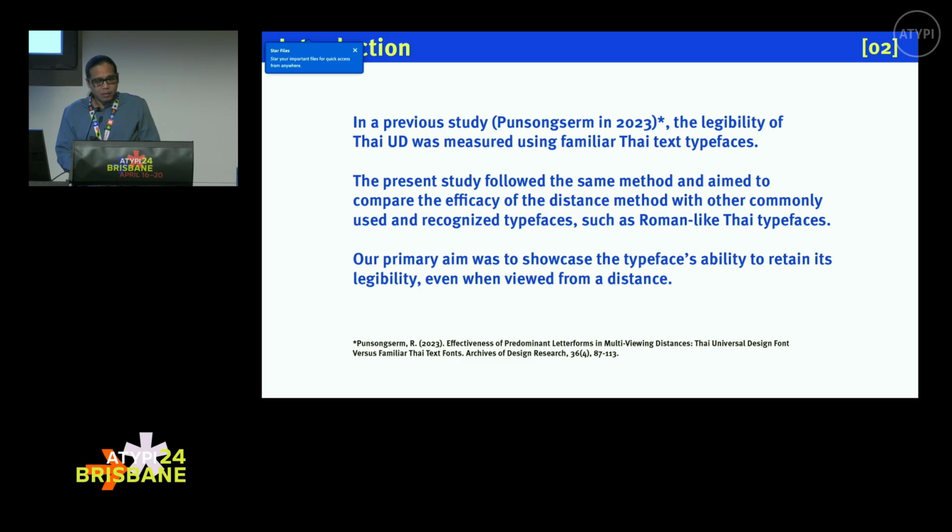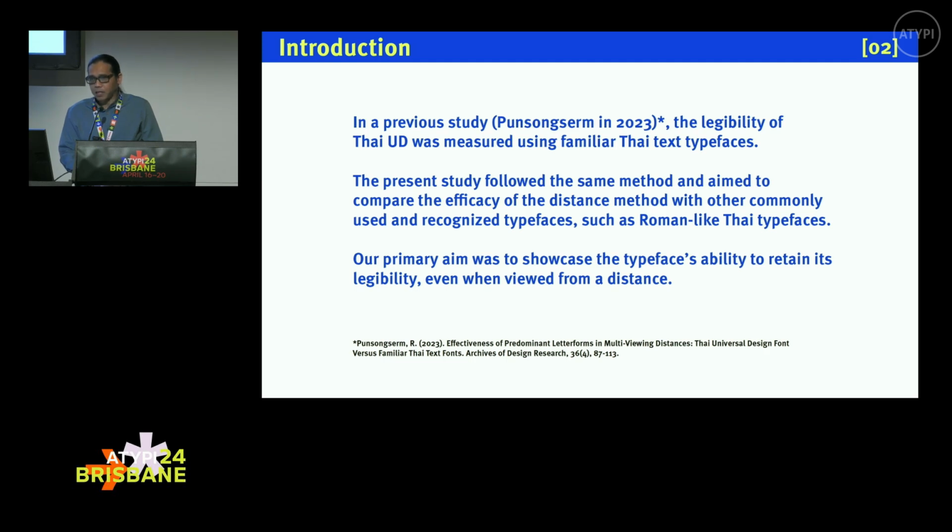The background of the study followed my previous study published in an academic journal last year. The legibility of Thai UD was measured using familiar Thai text typeface.